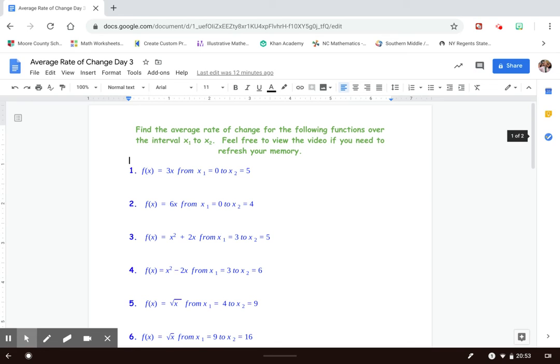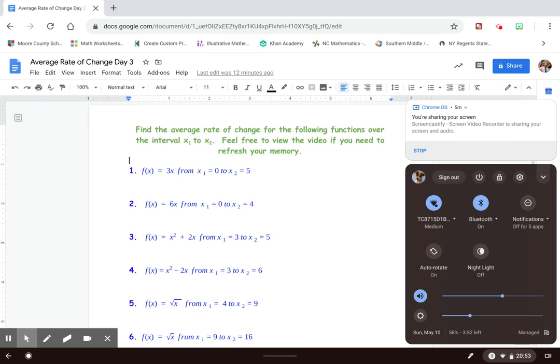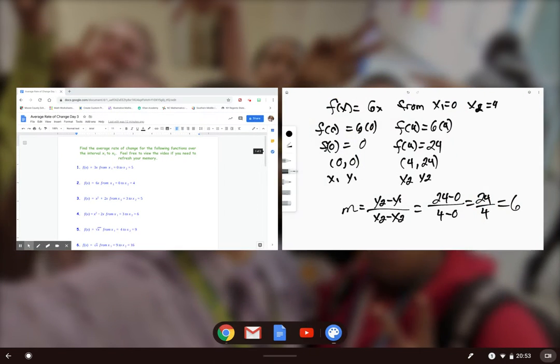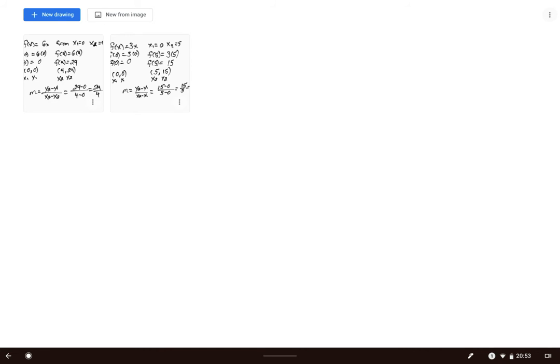All right, so let's look at number 3, which says f of x equals x squared plus 2x. And I'm looking for my average rate of change from x1 equals 3 to x2 equals 5. All right, so here we go. F of x equals x squared plus 2x.